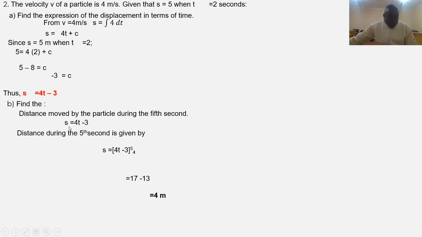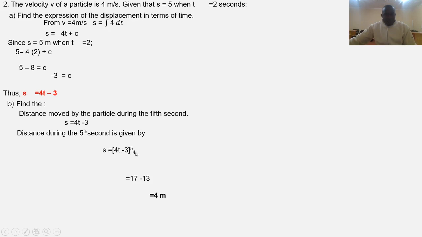So first of all, we find the distance moved. We integrated to find s as 4t minus 3. Now we put the limits of 5 and 4 into 4t minus 3.